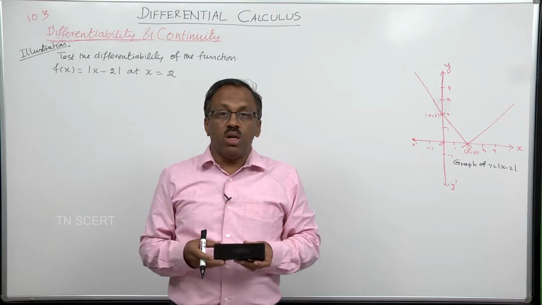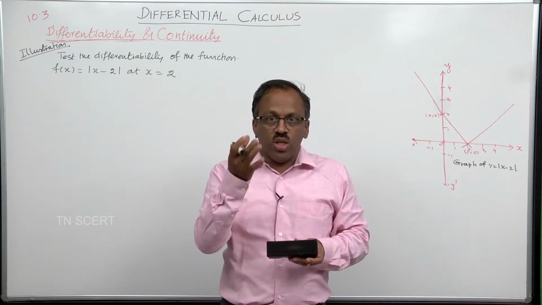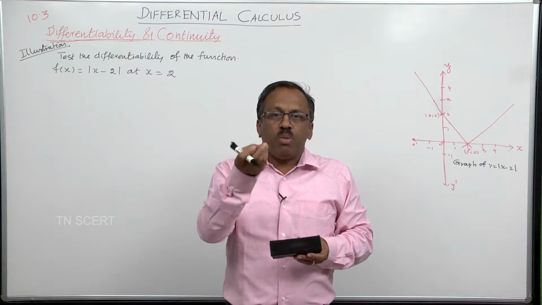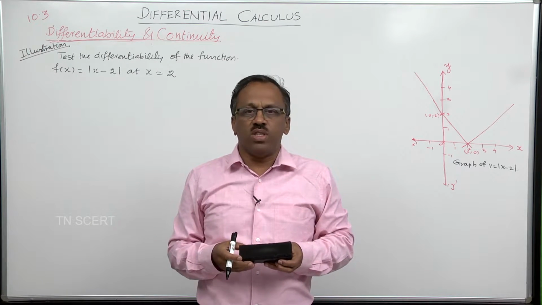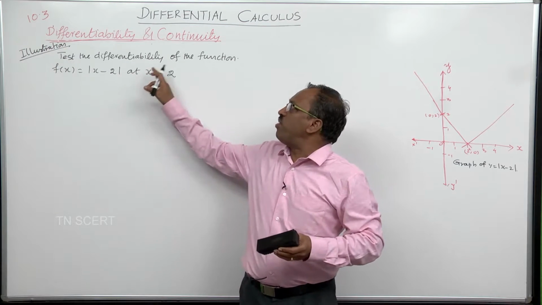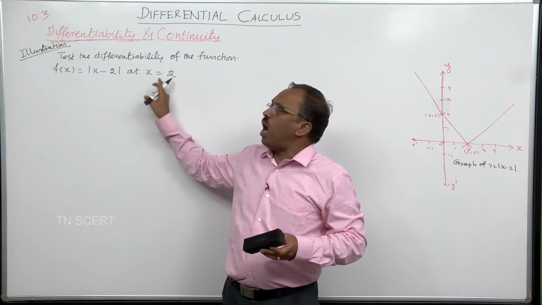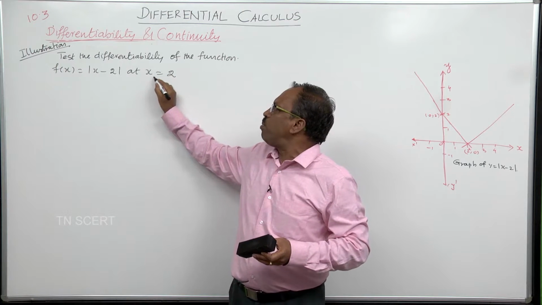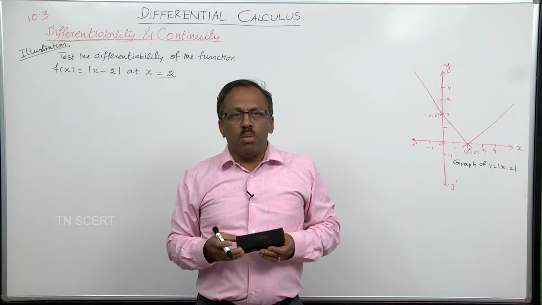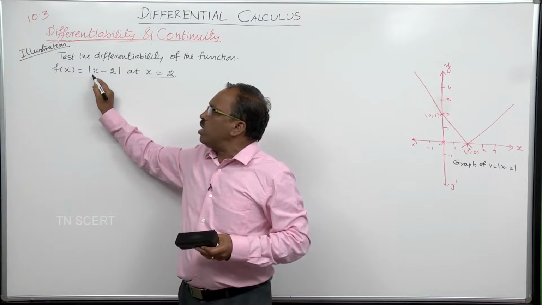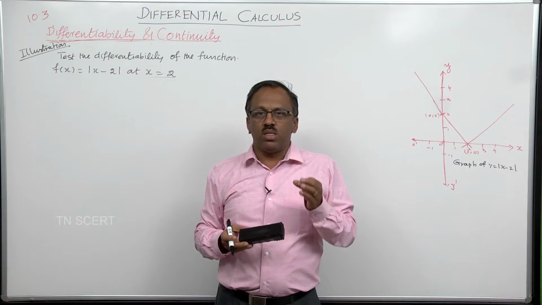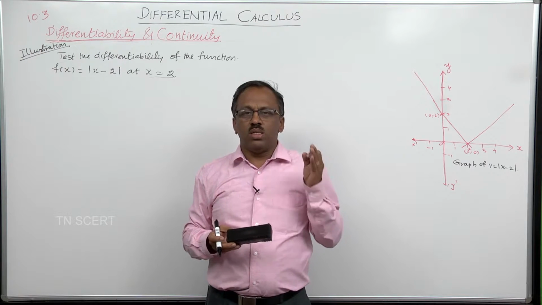A function may be continuous, but sometimes that particular point may not be differentiable. We are going to check this problem, testing the differentiability of the function at this particular point. What point? x is equal to 2. Remember, this is nothing but modulus of x minus 2. You know, modulus is a familiar term. What is modulus?